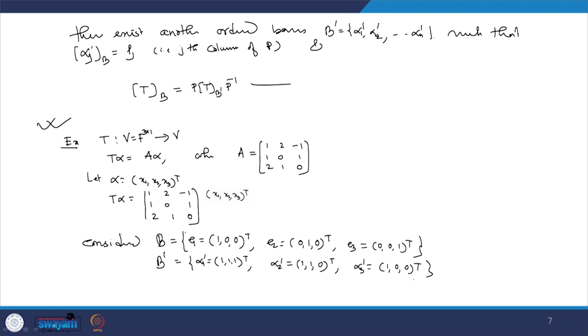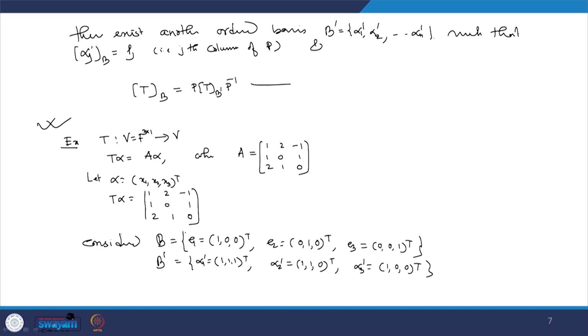So, we can immediately check that B and B prime are ordered bases for the space F 3 cross 1. That we can check, it is not a difficult task. Now, let us see the matrix representation of T relative to ordered basis B and the matrix representation of T relative to ordered basis B prime.